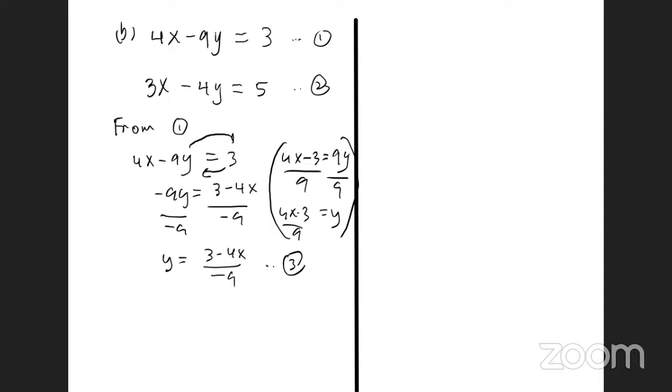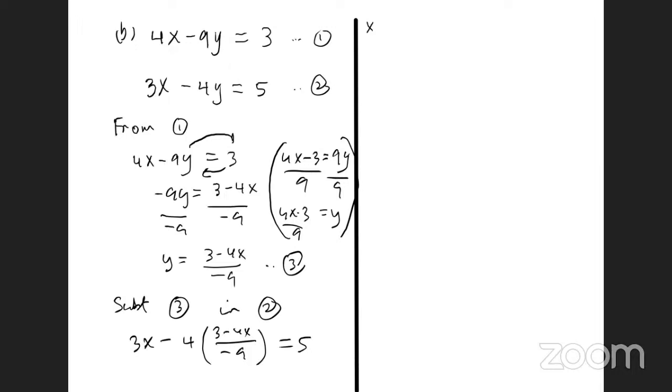So next step, I am going to substitute equation 3 in equation 2. So that'll be 3x minus 4, remember, I'm replacing y because I know what y is. So I'm going to get 4 by 3 minus 4x over minus 9 is 5. I do not want to work with the negative denominator, so I'm going to multiply everything by minus 9.